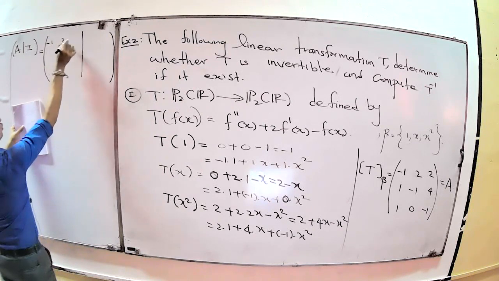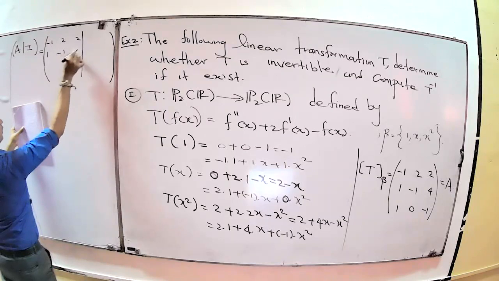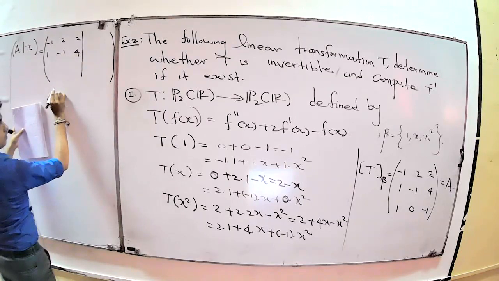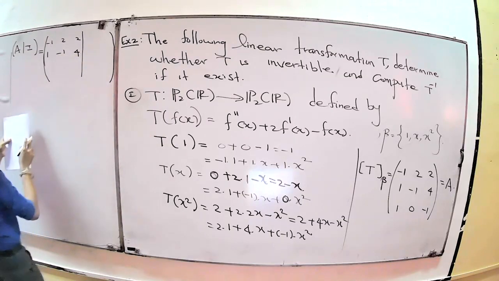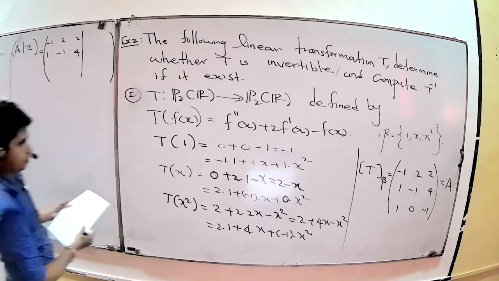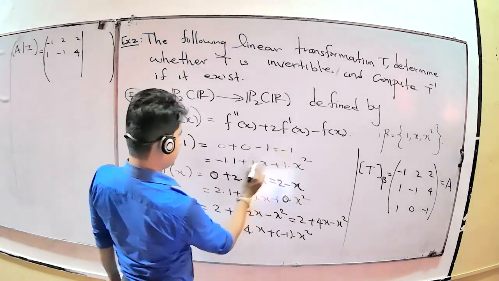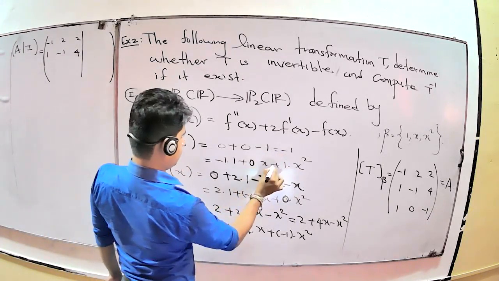Minus 1, 2, 2, 1, minus 1, 4. Sorry, here only the minus 1 term exists. Sorry, here 0.